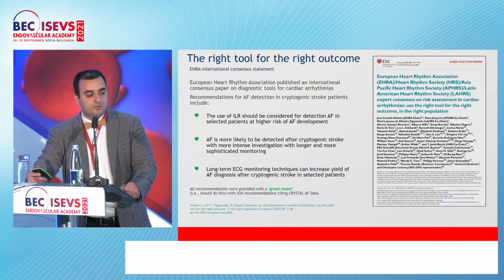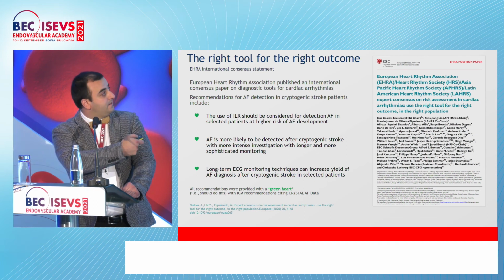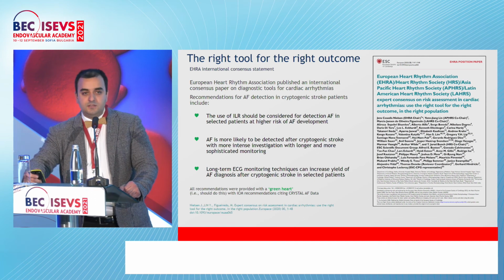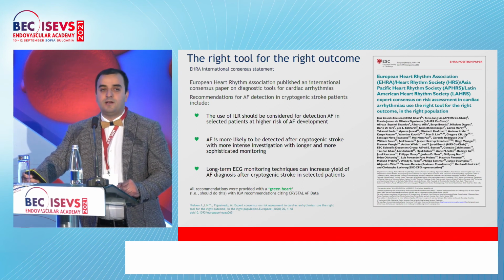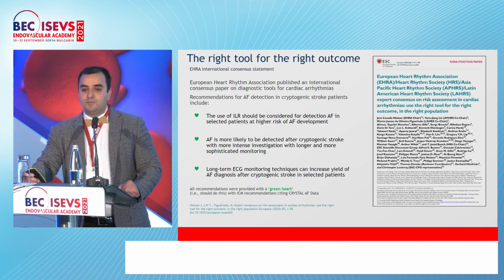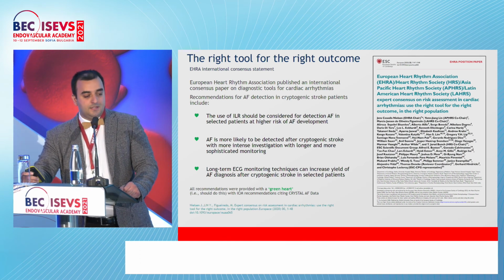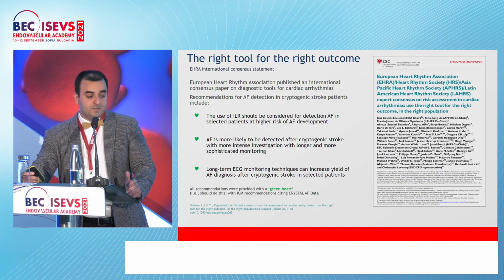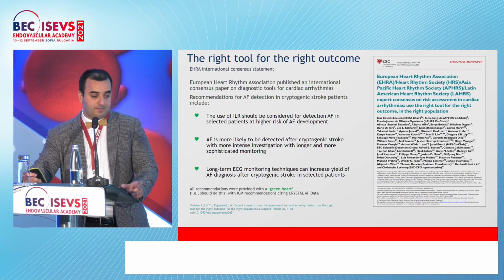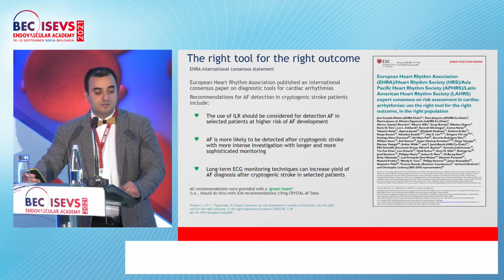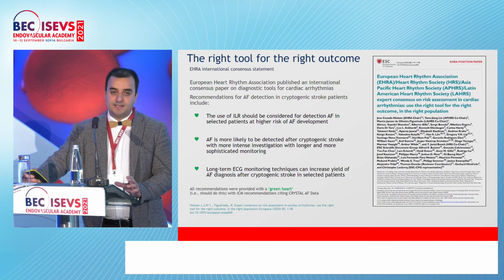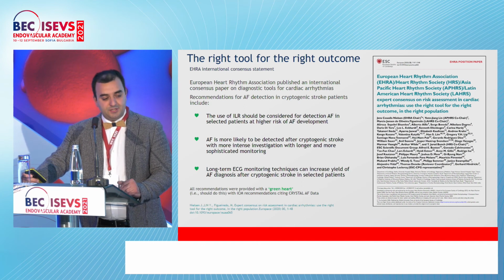You can see on the left part of the screen these green hearts. This is the same recommendation as level 1A from the European Society of Cardiology, and they suggest that the use of implantable loop recorders should be considered for detection of atrial fibrillation in selected high-risk patients.